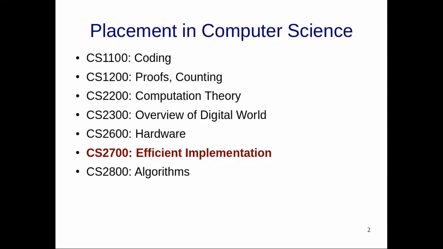2600 is a little higher up, more closer to what we see as the computer hardware, which is the computer organization and computer architecture. 2700 is about the efficient implementation of the different procedures that we want to implement on a computer, which is this course. 2800 is in the next semester, which is about the algorithms.